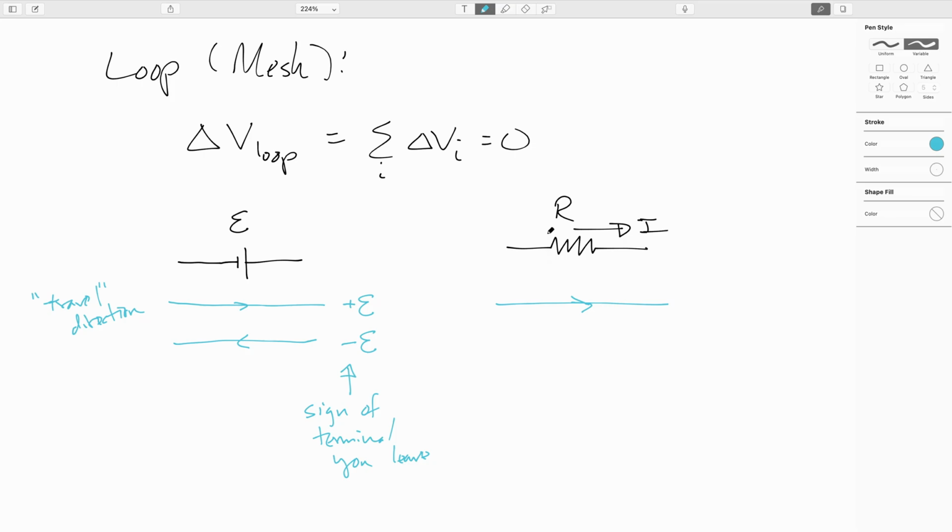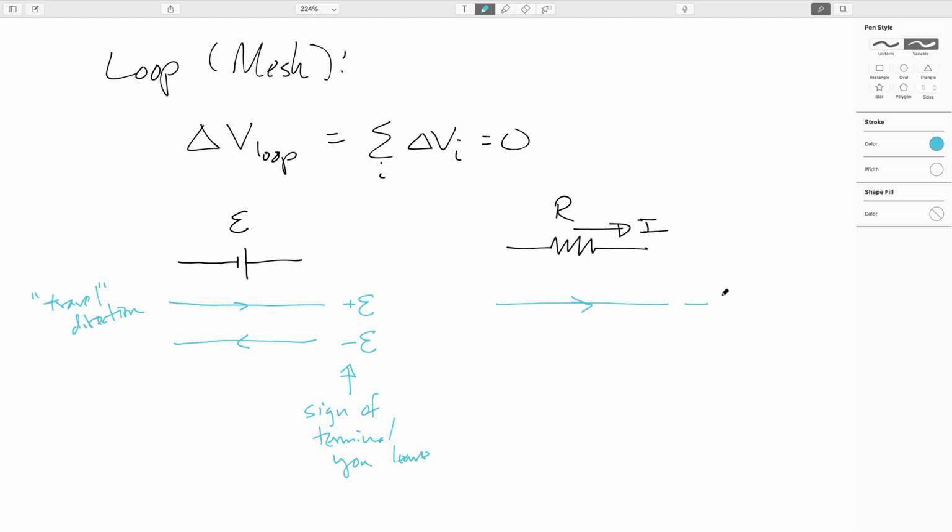We know that electric field lines run from high voltage to low voltage, so this has to be the higher potential side of the resistor. This has to be the lower potential side of the resistor, and so the voltage would have had to drop.